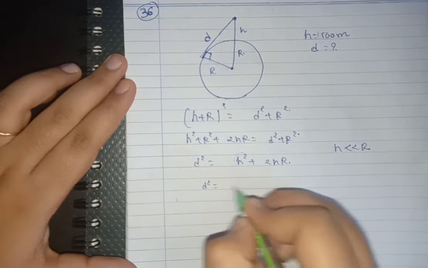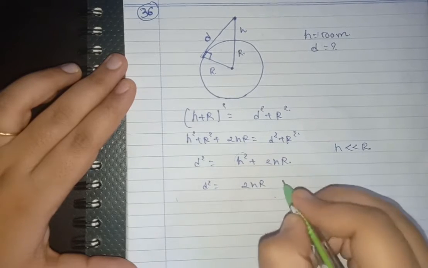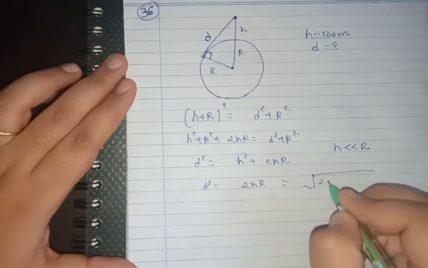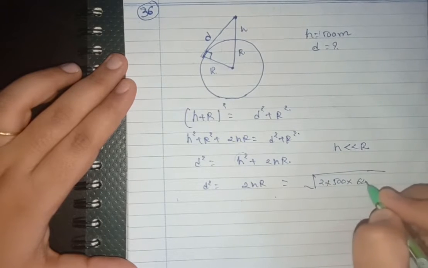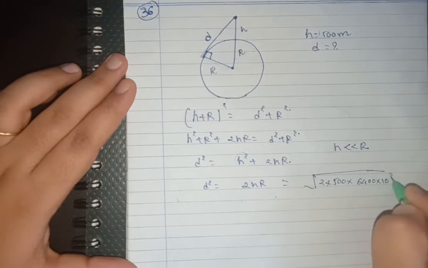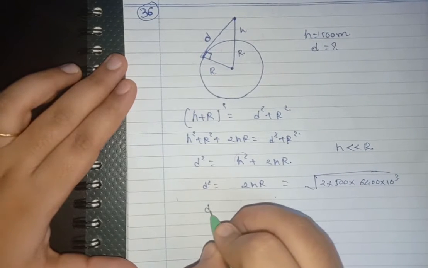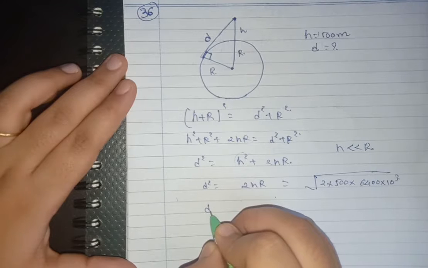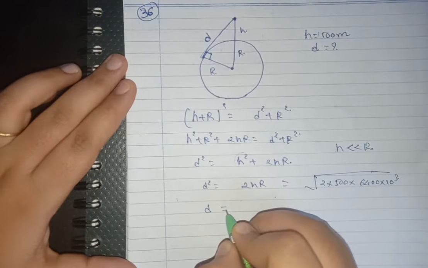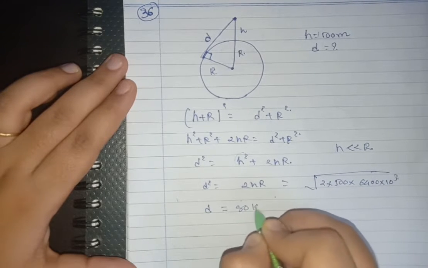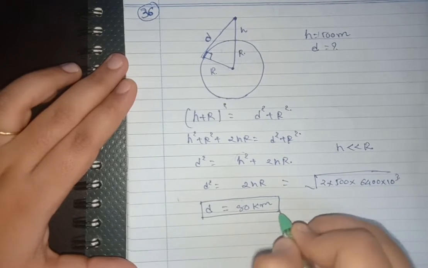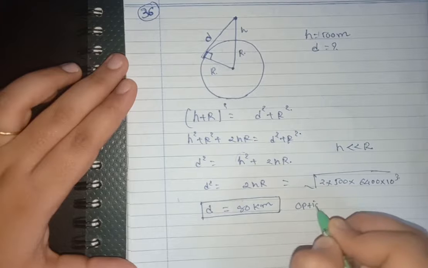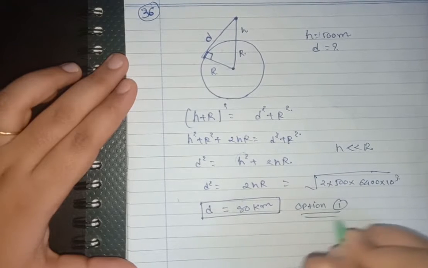So d square is equals to 2hr. That is equals to 2 into height is 500 meter into 6400 into 10 power 3 meter. Simplify this, we will get d is equals to 80 kilometer. So option 1 is correct option.